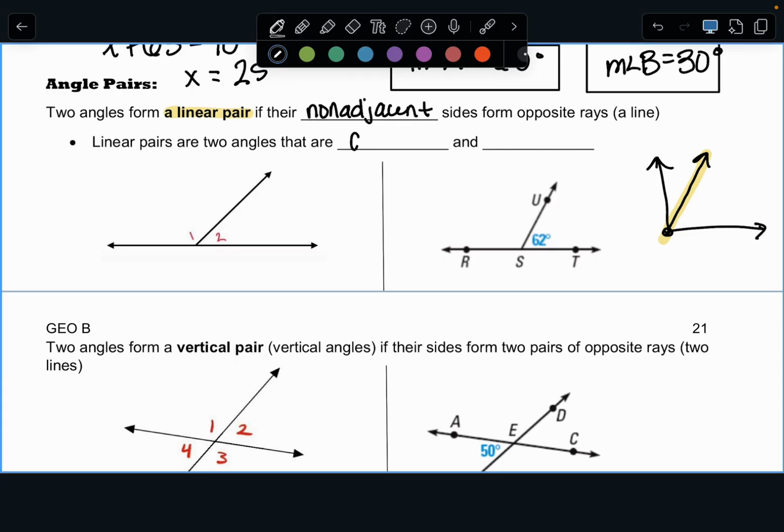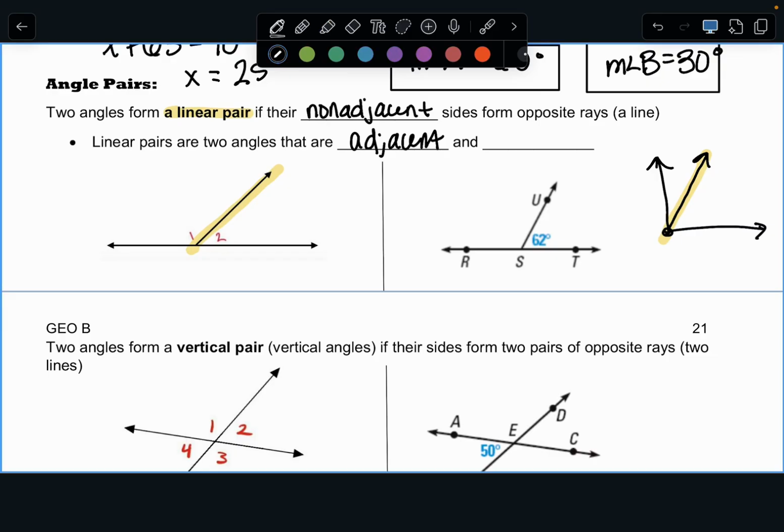So, again, linear pair are two angles that are adjacent. They share a side and a vertex. And what measure do we think these two angles have to add to? 90. Not 90. What's the angle measure of a straight line? 180. So they have to add to 180. What's the word for two angles adding to 180?